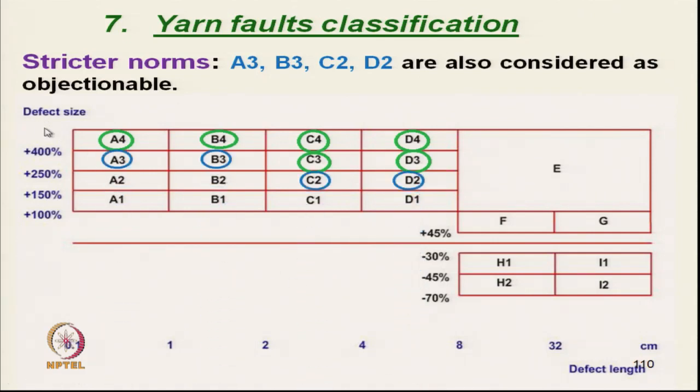So, you can keep on adding faults. We can even think of adding A2, B2, but at the same time we have to consider the efficiency in winding, because the number of faults is increasing; these are in cumulative form. The number of A4 faults is much less than A3, and A3 is much less than A1.